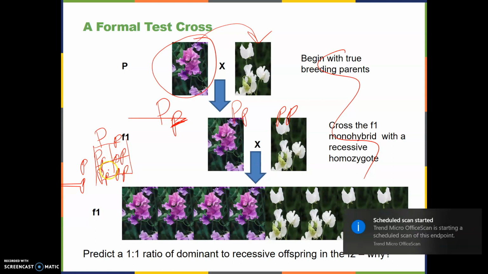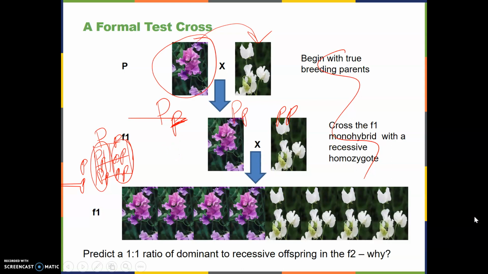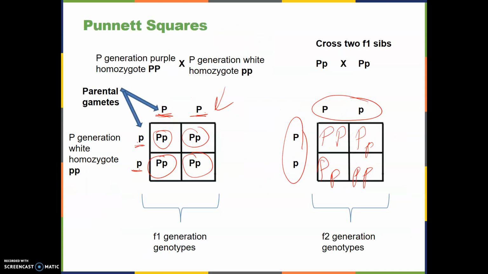So that is 50% white. And that's where that 1-to-1 ratio comes from. A 1-to-1 ratio of dominant purple color to recessive white color. Here it's showing 4-to-4, but that's the same thing as 1-to-1.